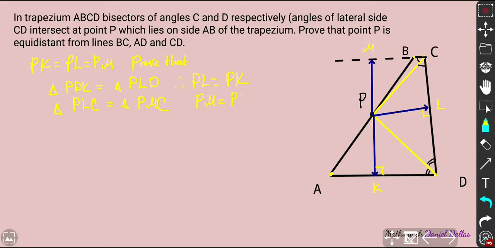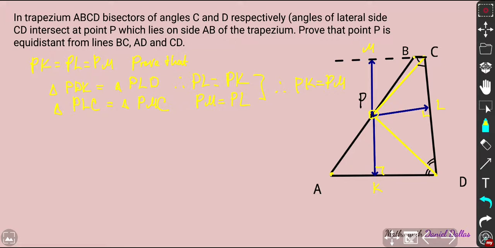Hence from there we can figure out that PK is also the same as PM. And that means we proved that point P, the point of intersection of bisectors of angles C and D, is equidistant to sides BC, CD, and AD.